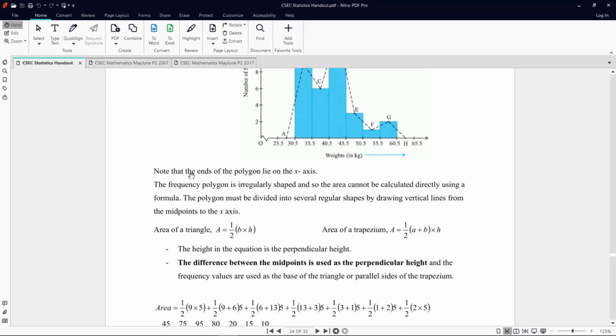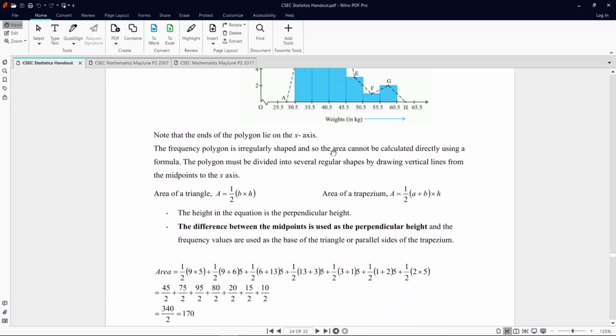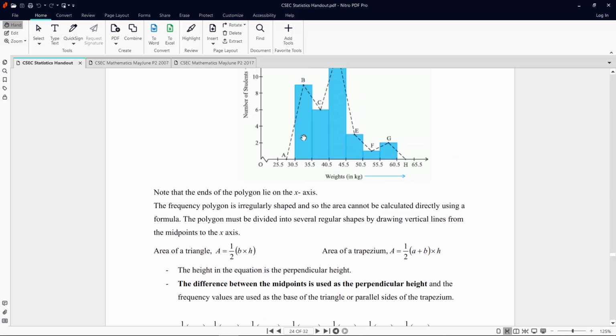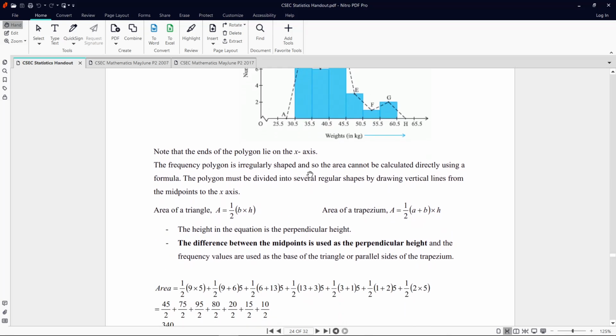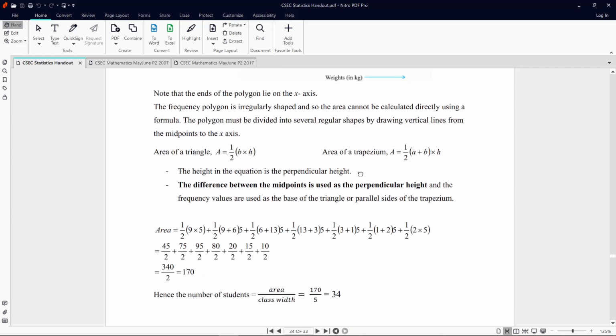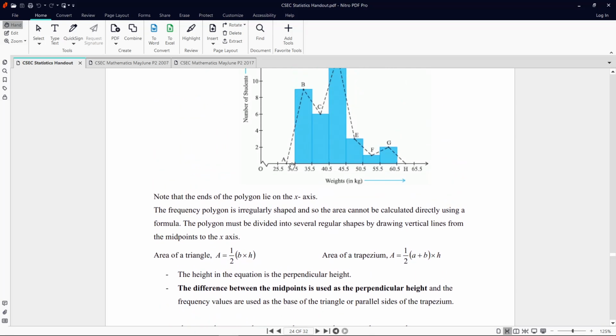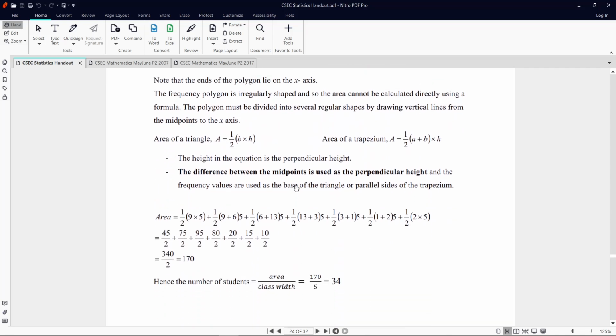And then the process is very much similar. Area of triangle, because we'd get two triangles, one to start and one to end, and then trapeziums in between. So the height in the equation is the perpendicular height, and the difference between the midpoints is used as the perpendicular height, which is what I said a while ago, on the x-axis.